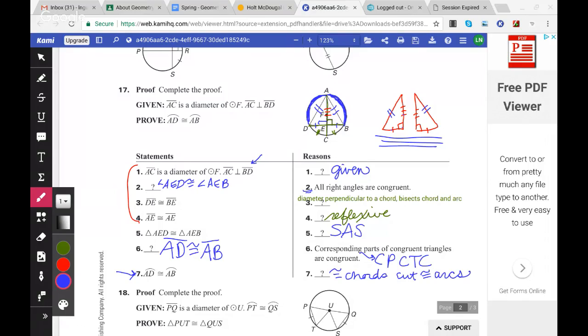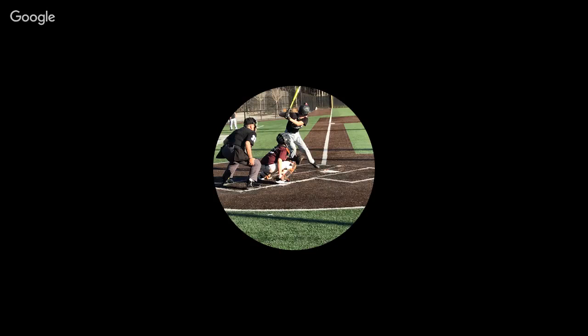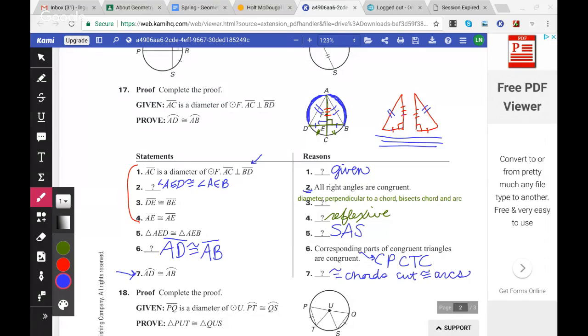Do you feel good about 17 now? Yes, ma'am. You sure? I'm not all the way sure, but I feel better about it than I did when I started. All right. Go back through it and look at the picture and look at the steps we've done, not right this second, but in a little bit.